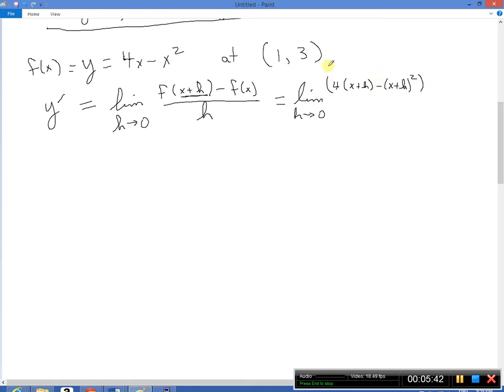So this is the first term. That's f of x plus h. That's the meaning of f of x plus h. It's this function plugging in x plus h in place of x, wherever you see x. Now you have to subtract f of x. You need to put parentheses here, and then f of x. f of x is simple, just 4x minus x squared. Just copy 4x minus x squared. And all of that's to be divided by h.